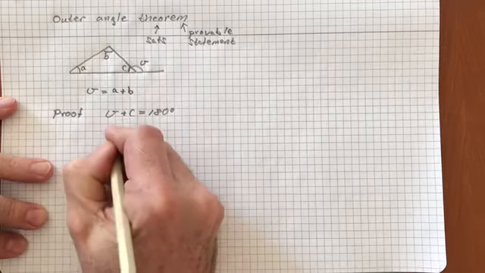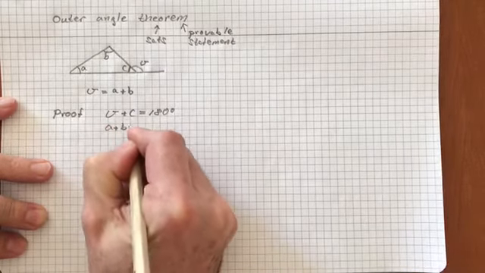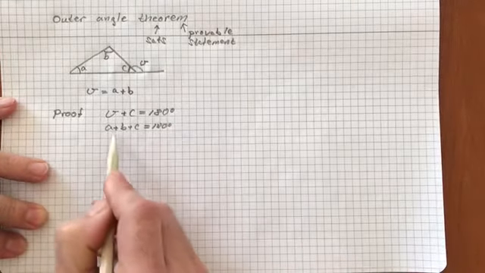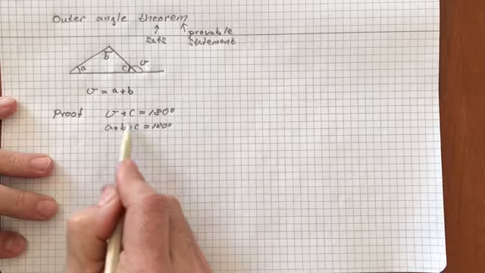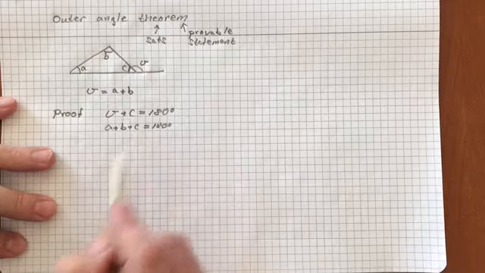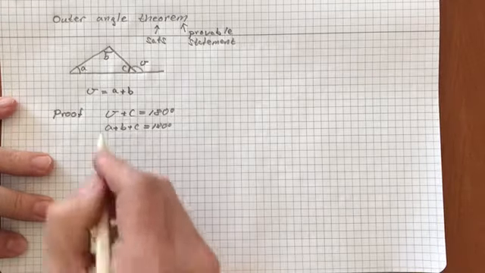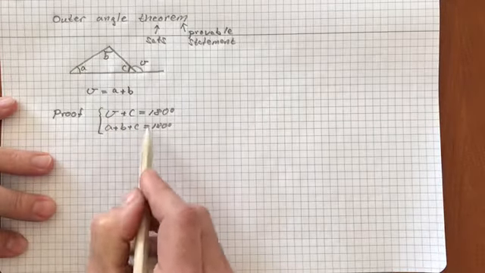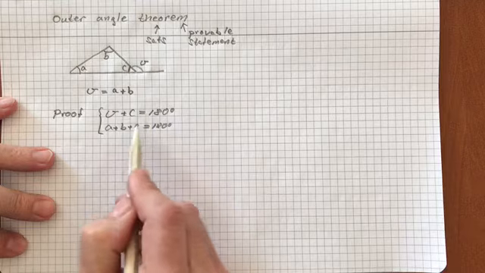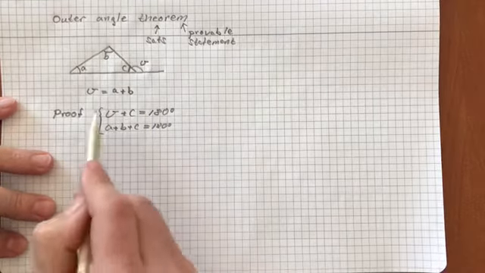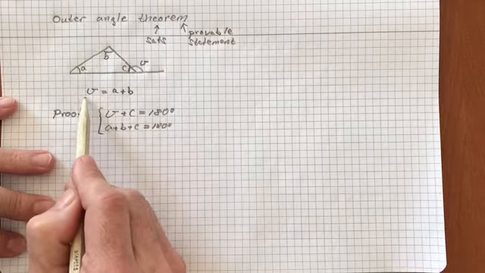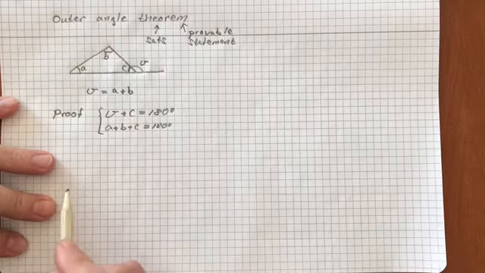And we also know that the angles A plus B plus C is 180 degrees because that's the sum of the angles in a triangle. We have proved that before. So we will use these 2 older statements that have been proved or defined to prove the outer angle theorem.